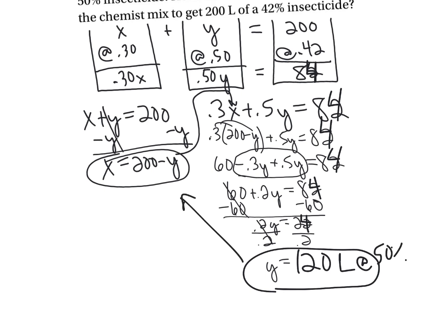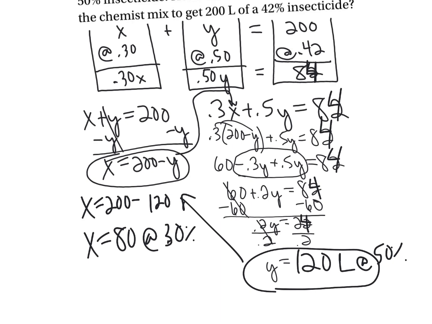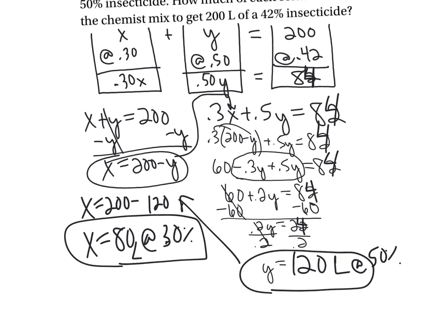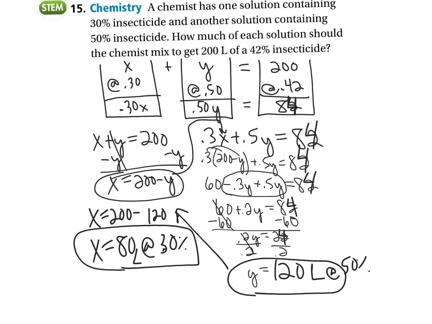And if we had 200 total, that would leave 80 at the 30%. Okay, and then you could check that also with your other second equation and make sure that that works.